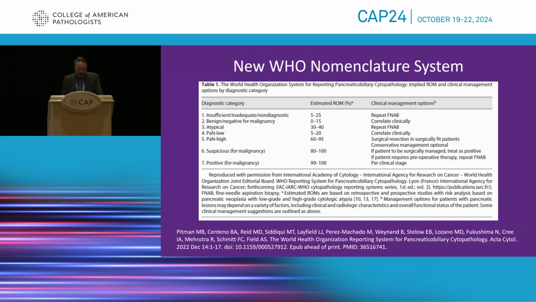And certainly there's a new WHO nomenclature system for pancreas that, in dealing with cystic lesions, the diagnostic categories once you've reached a pancreatic neoplasm is whether it's a pan low or a pan high. Does it have low-grade dysplasia or high-grade dysplasia? And similar to what the guidelines just suggested, a low-grade one, that's pan low, you have to correlate with the clinical features. But if you have features of high-grade dysplasia, it requires surgical resection in patients that can tolerate it.